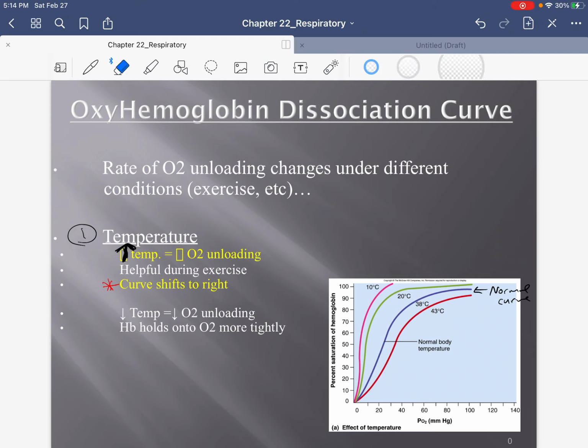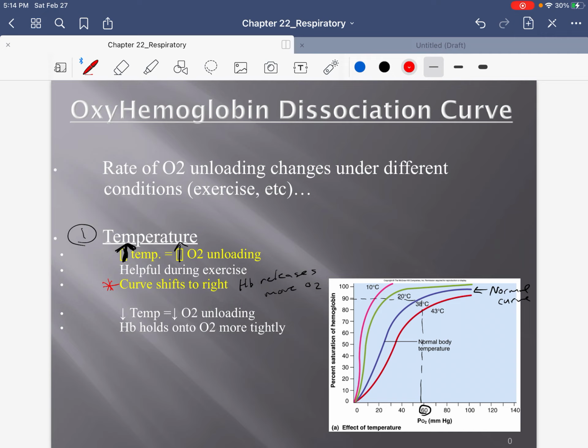When the curve shifts to the right, we have more oxygen unloading. What that means is when the curve shifts to the right, hemoglobin releases more oxygen. So, like we said, if we're at a PO2 of 60, the normal hemoglobin saturation would be about 90.